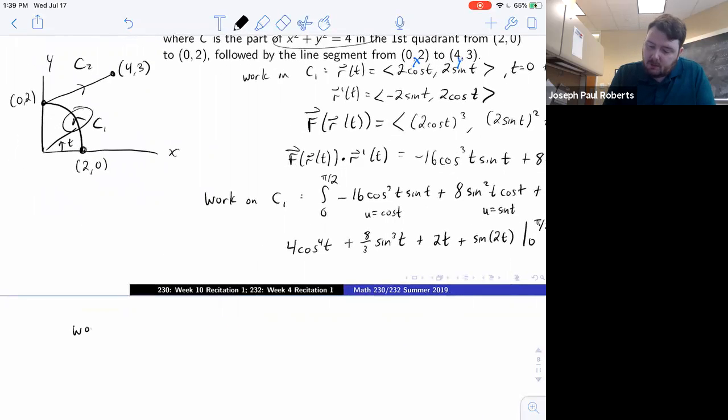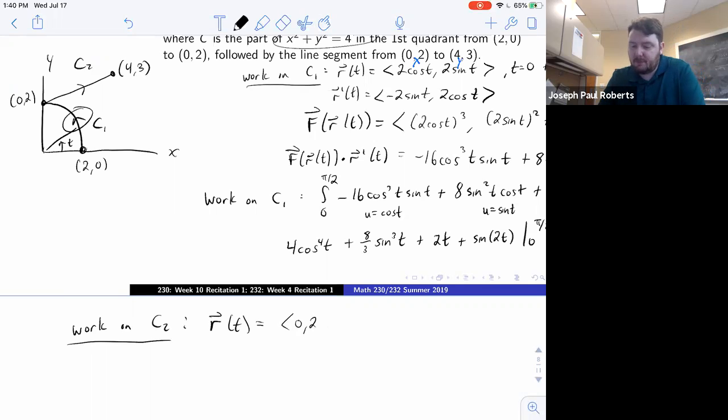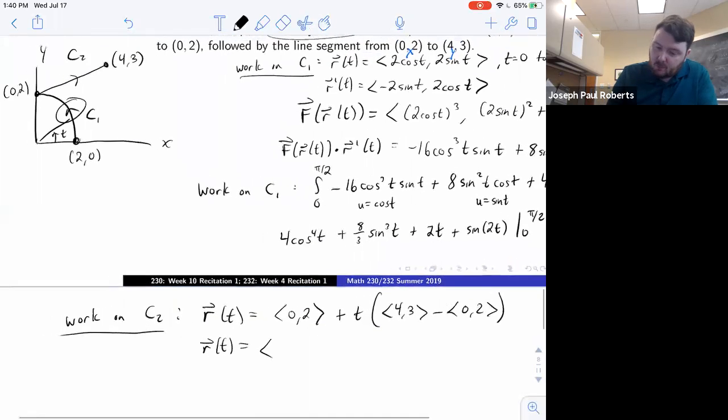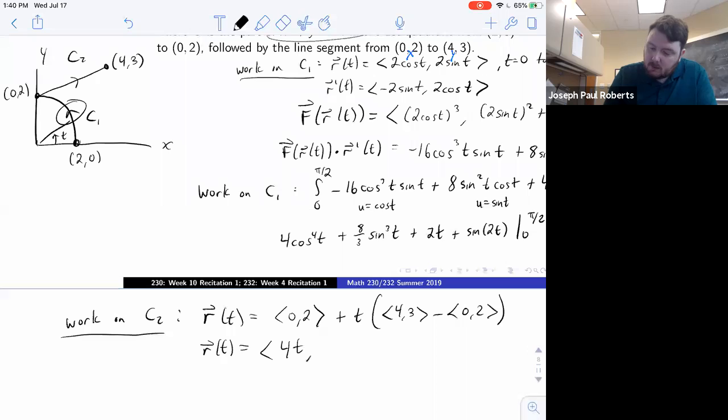Now we're going to have to do the work on C2. So C2, I have to come up with R of t. And so I'm going to use the line segment situation. So our starting point is (0, 2) plus t times our ending point minus our starting point. So R of t is what? 4t, 2 plus t.